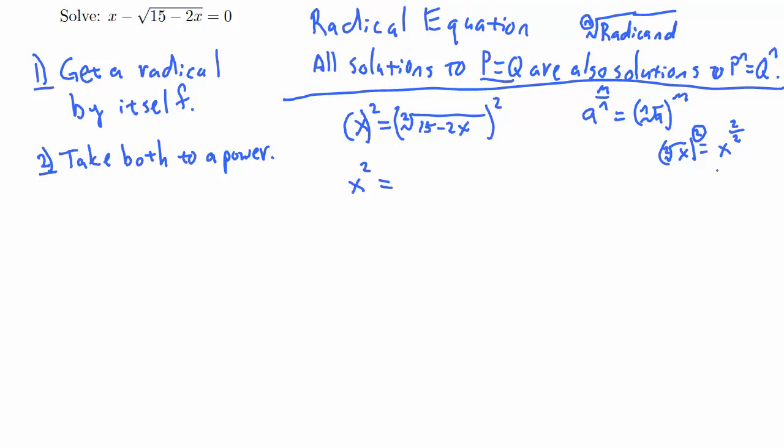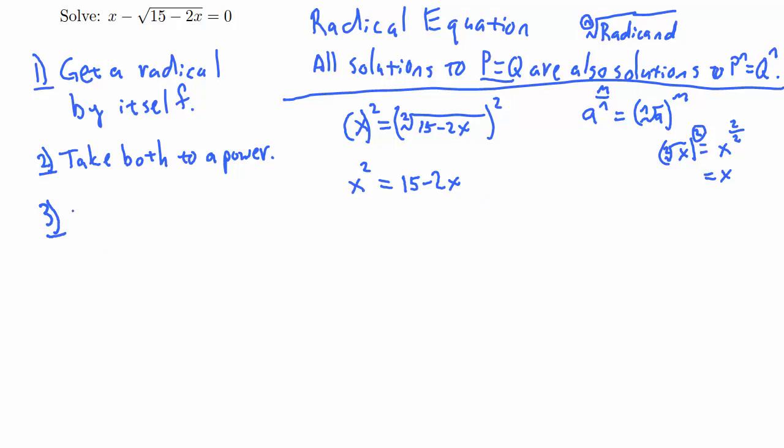And 2 divided by 2 is just 1, so that just leaves me with x. It's whatever's underneath the radical, in other words, the radicand. So squaring this gets rid of the radical and the square, and we have whatever the radicand is, which in this case is 15 minus 2x.